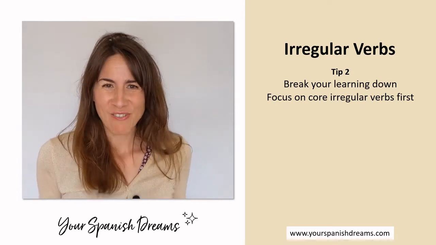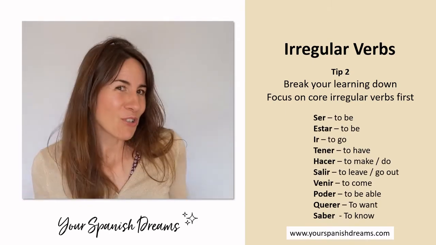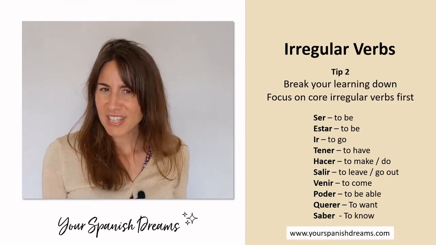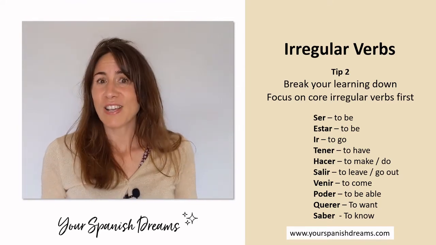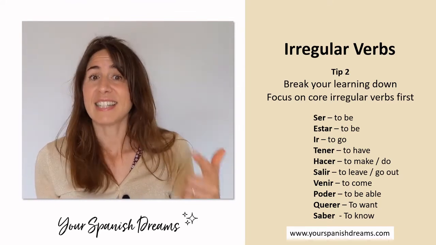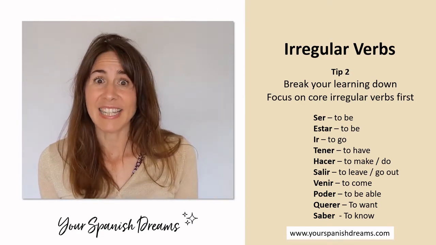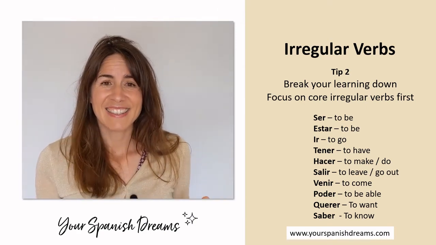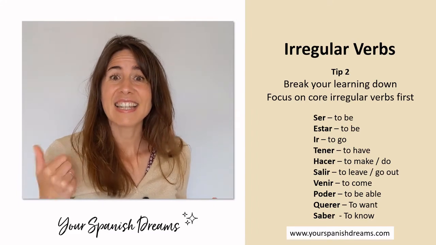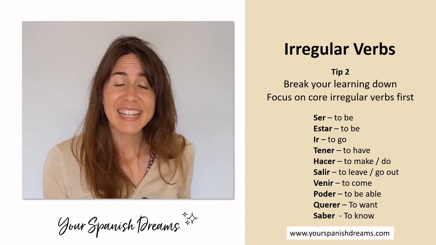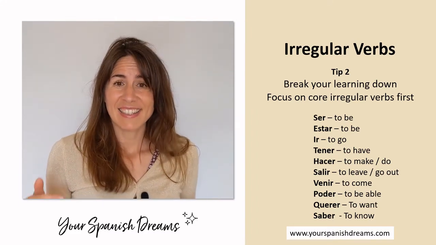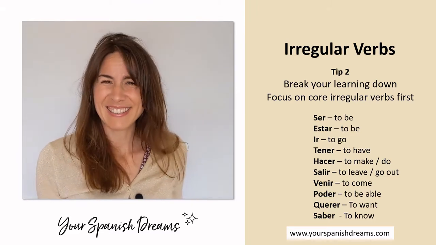So which are the core irregular verbs in Spanish? I'm sure you're aware of them, but just in case, let's look at them. So, ser, estar, ir, tener, hacer, salir, venir, poder, querer y saber.